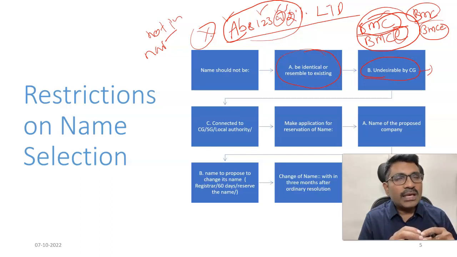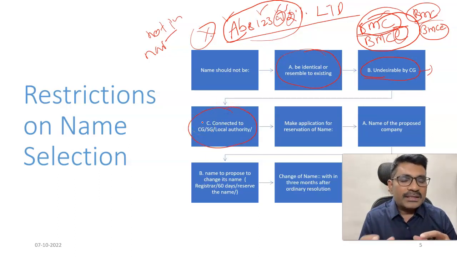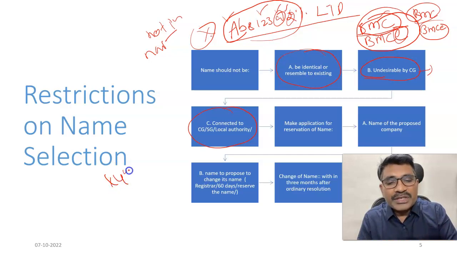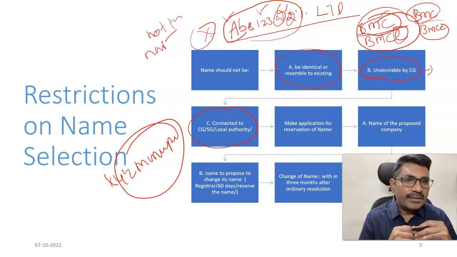So if the central government provides the rules and regulations and a company has a name which resembles them, then they say no, you cannot have this particular name. And the third is that if any local authority or state government is involved, for example, a company called XYZ Municipal Corporation Limited, because a municipal corporation is again a local authority and a state entity.